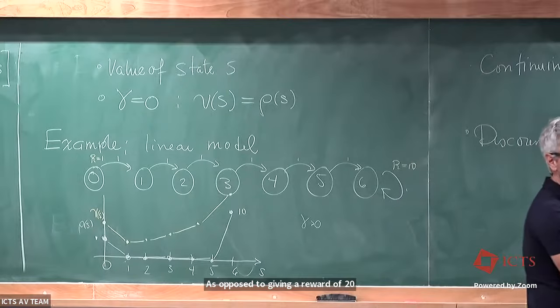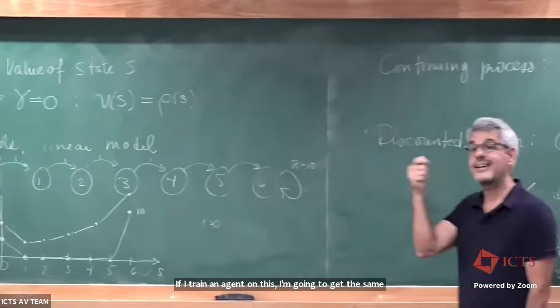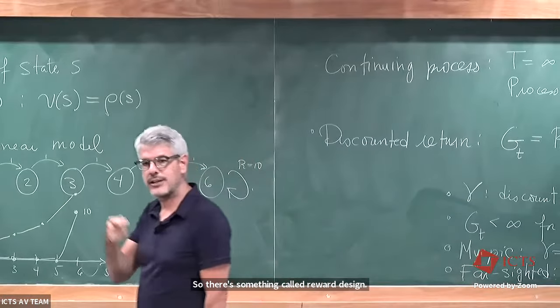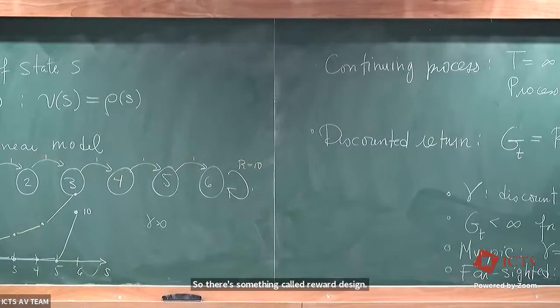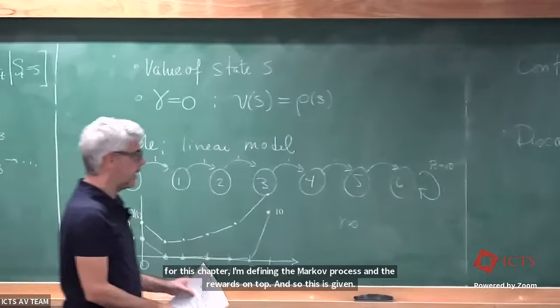If I train an agent on this, I'm going to get the same solution at the end. So there's something called reward design. How do you actually define the reward to achieve a certain task? But this is not part of this chapter now, because for this chapter, I'm defining the Markov process and the rewards on top, and so this is given. We're not playing with this at this moment.